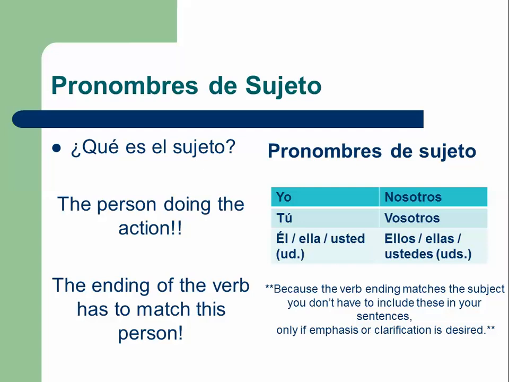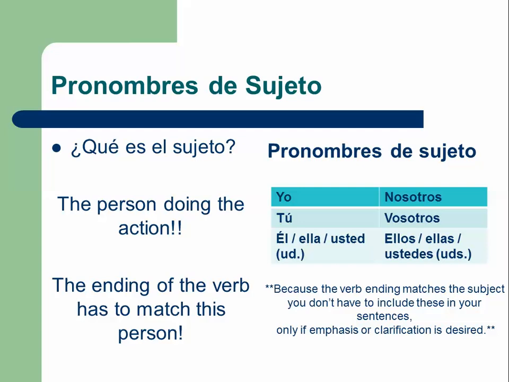So the pronouns that we learned for the subject are I, you, he, she, and it, or he, she, and you formal. Nosotros, which is us, vosotros, which is you all in Spain, so y'all pretty much, and then ellos, ellas, and ustedes. We haven't been focusing on learning the vosotros form in this class because you probably won't interact with too many Spanish speakers here in Boise, Idaho.